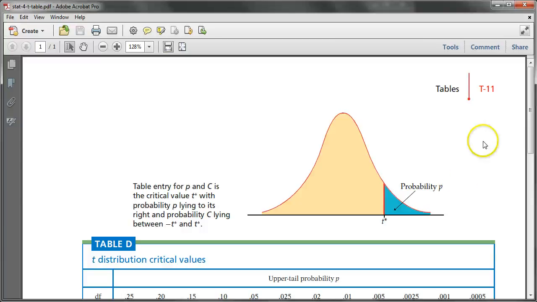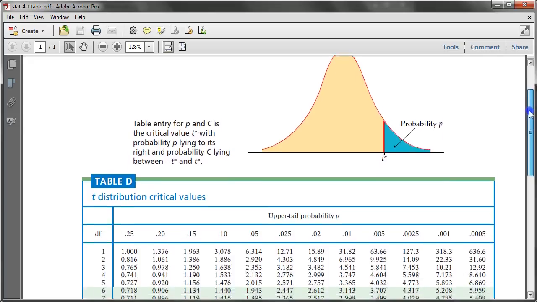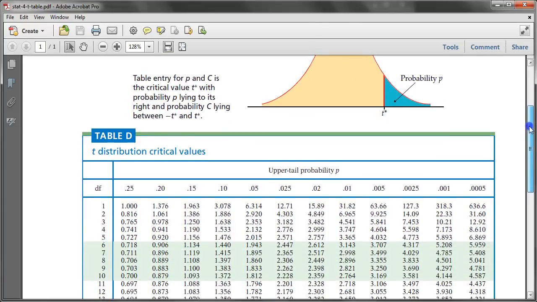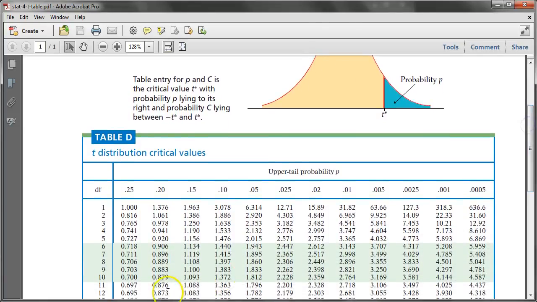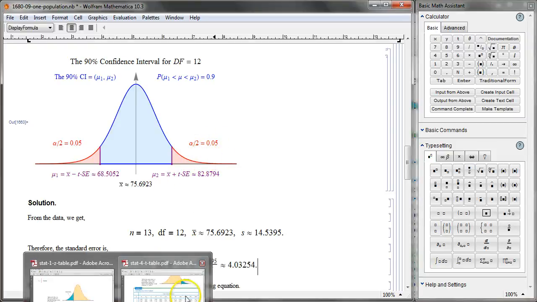Okay, now how do we find the t-score? First we find the degree of freedom. The sample size was 13, so the degree of freedom is 13 minus 1, that's 12. And then let's go back to the picture. 90% in the middle, 5% to the left, 5% to the right. Let's go over to the t-table.